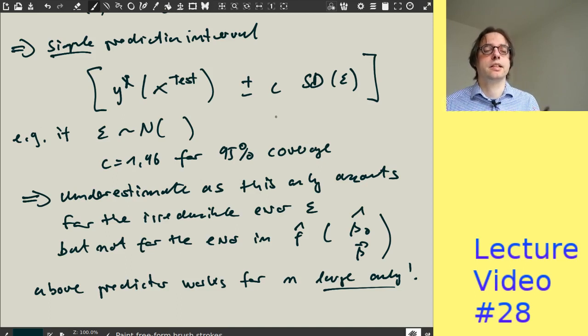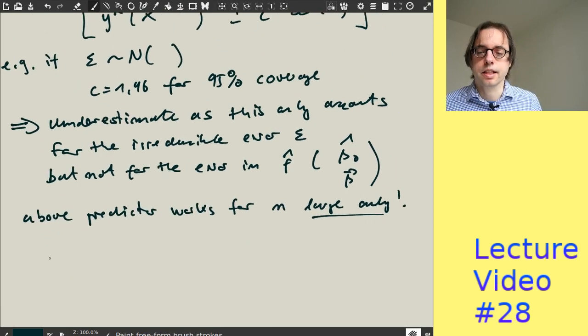The key idea is, if you really would like a more accurate prediction interval, you need to take account of the propagation of error from the error in beta naught to the predicted error. Details will be in later regression modules.